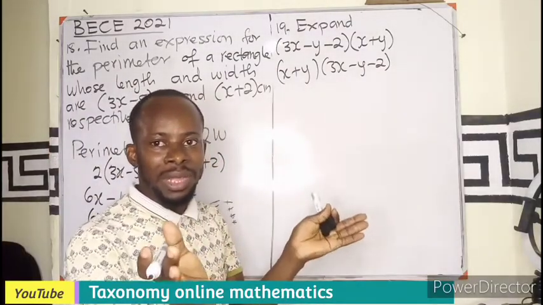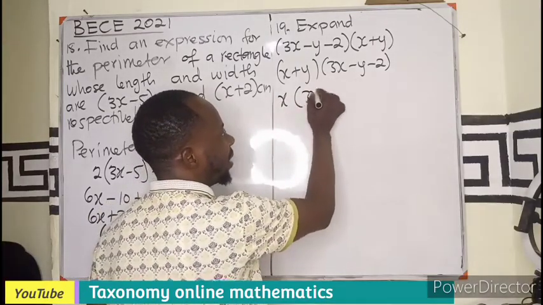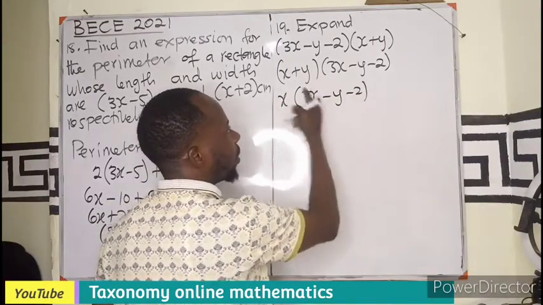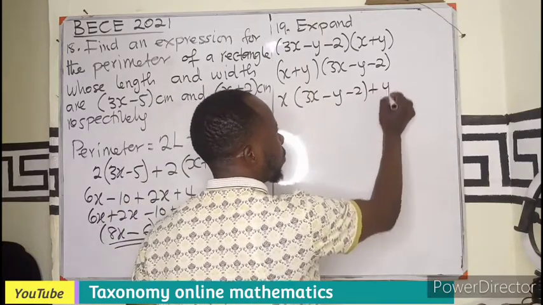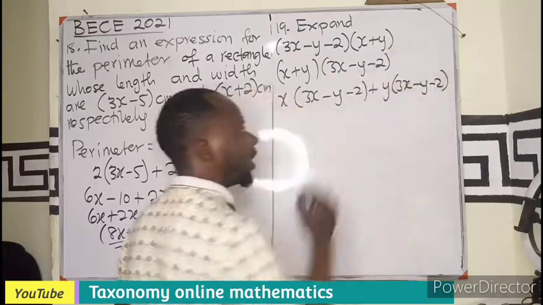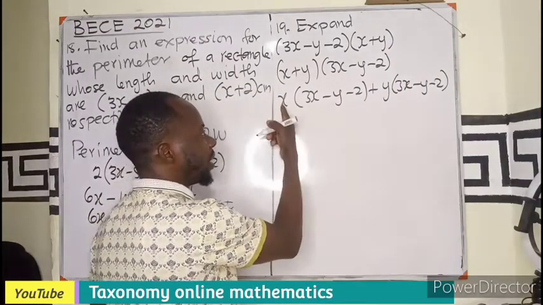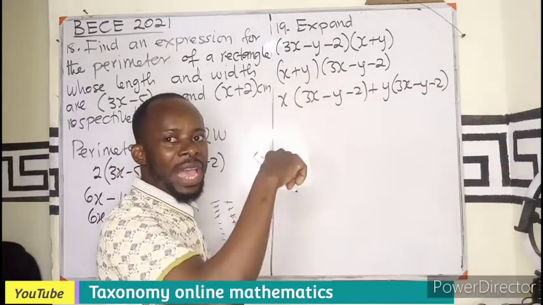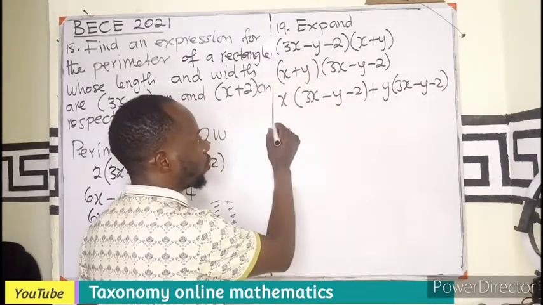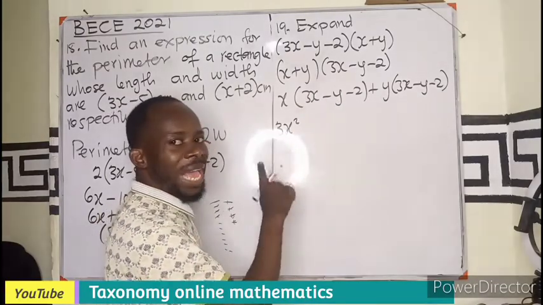It's the same multiplication. So that is going to be x into bracket 3x, then plus y into bracket 3x in this form, so that I can easily multiply. That will give me x times x, increase the power of x. So that will be x squared. So I have 3x squared. This is going to be xy.